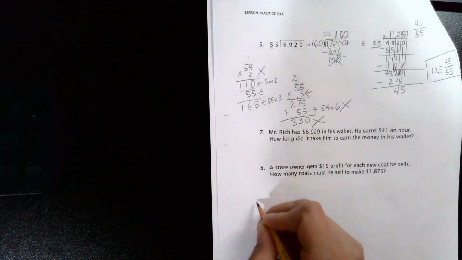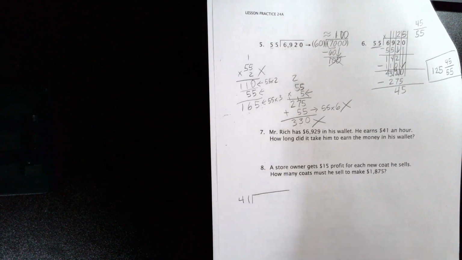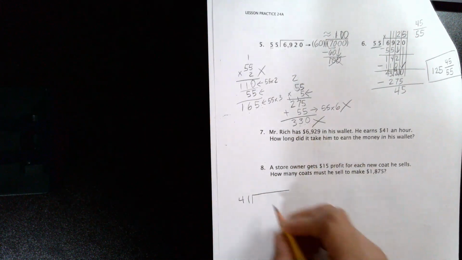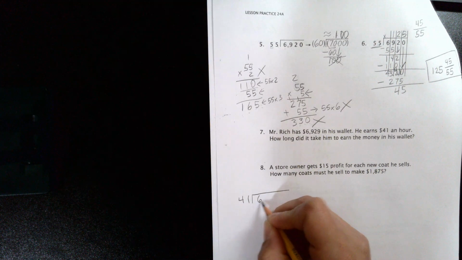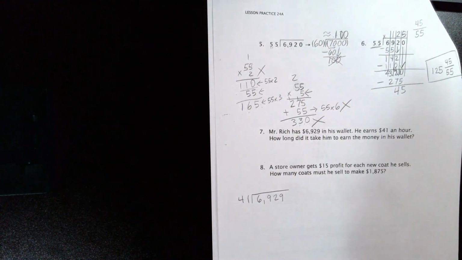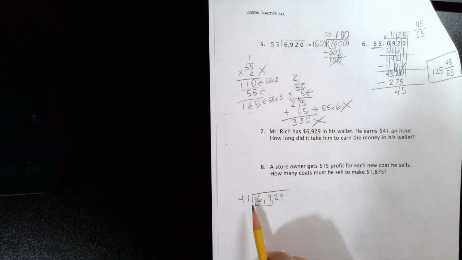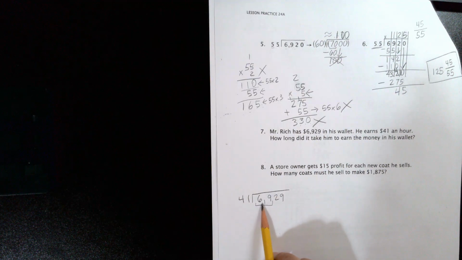So it's just division. So we're going to go ahead and do $41 over here, and we're going to do 6,929 in there. Okay, and then over here we know we can fit 1 41 because 40 times 2 would give us 80, so that would be too much.